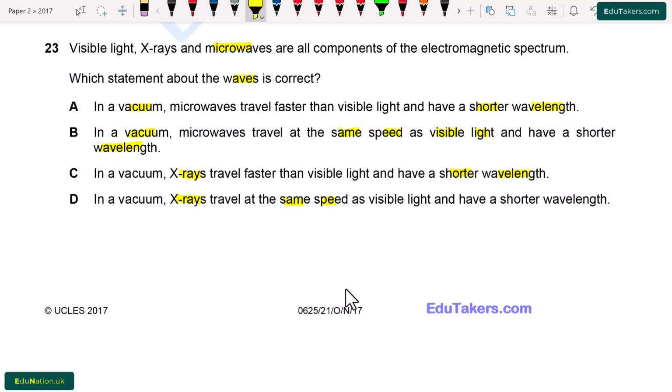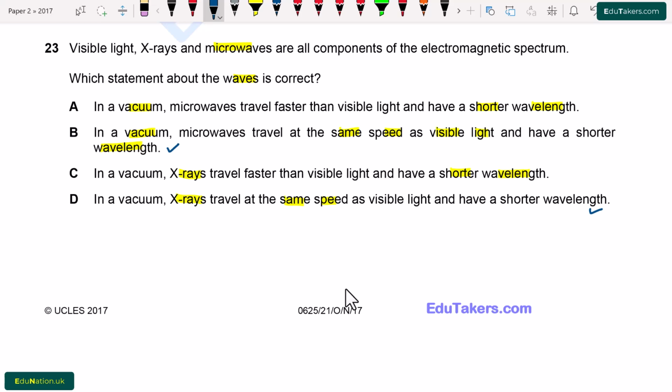In the vacuum, all of the waves travel with the same speed, which is equal to the speed of light. Next, we have to check which one of the following has the shorter wavelength. In option B, here it is given that microwaves travel with the same speed as the visible light. Option D might be correct according to the speed.